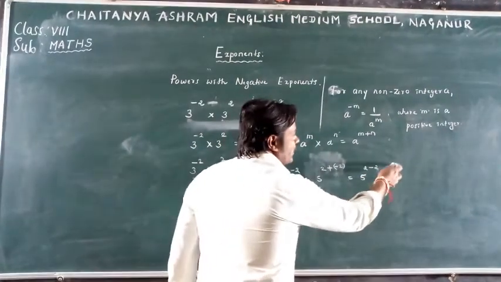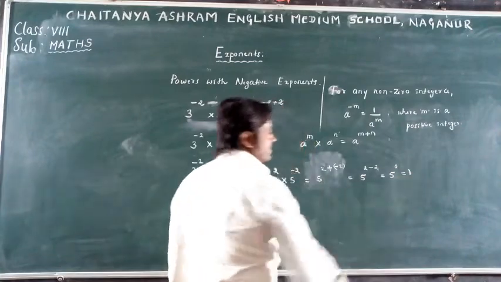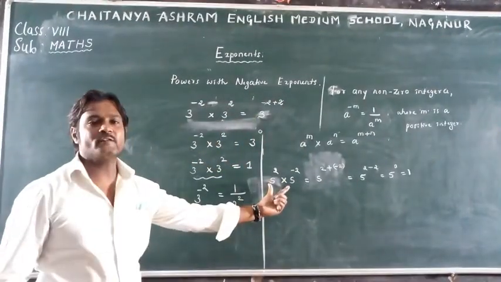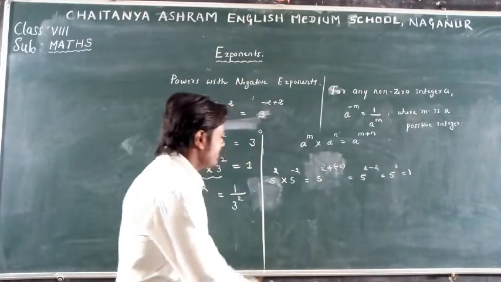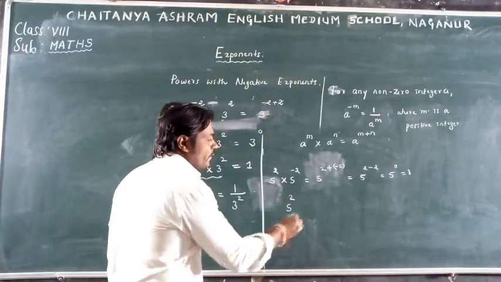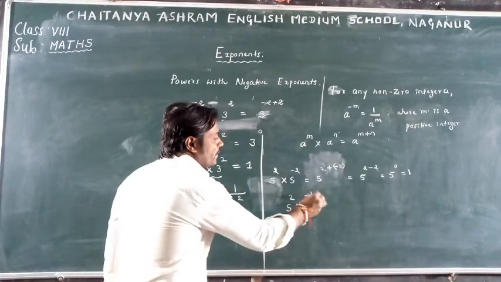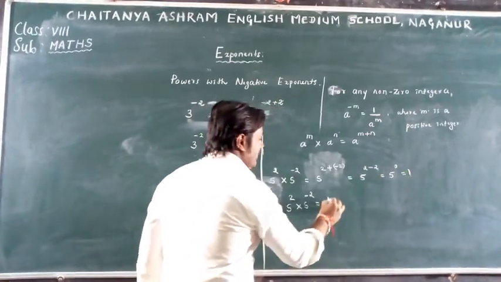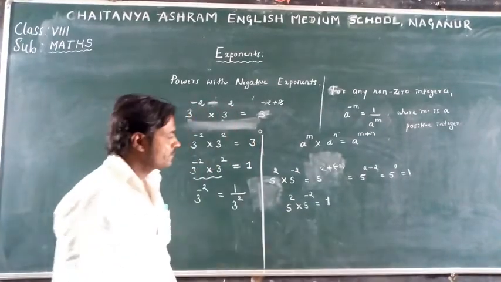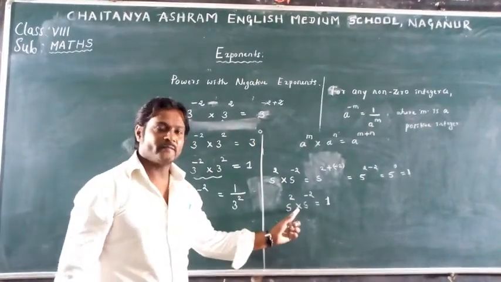What is the value of 5 to the power 0? 1. So 5 to the power 2 into 5 raised to the power minus 2 is equal to 1.